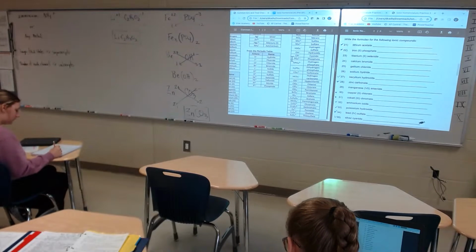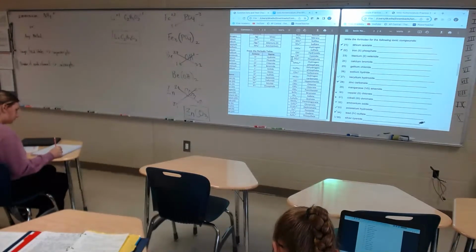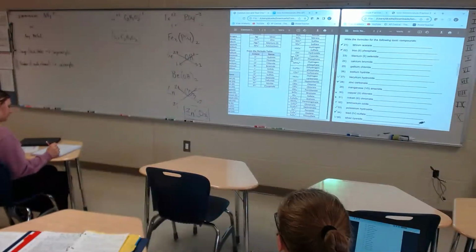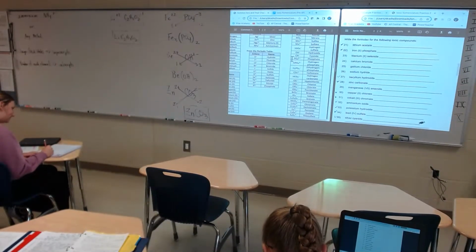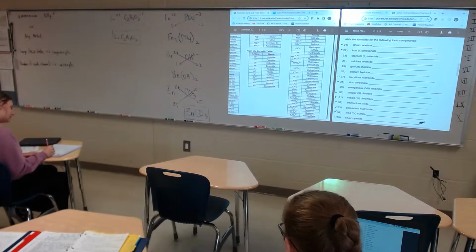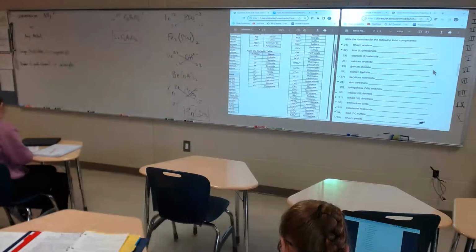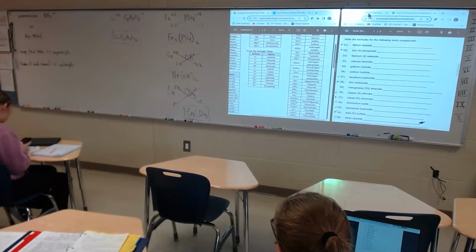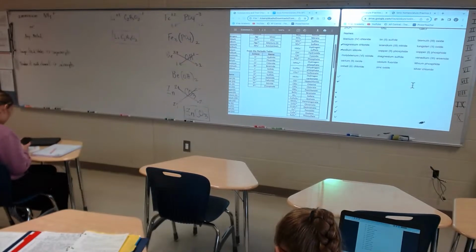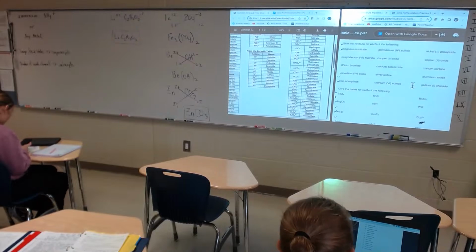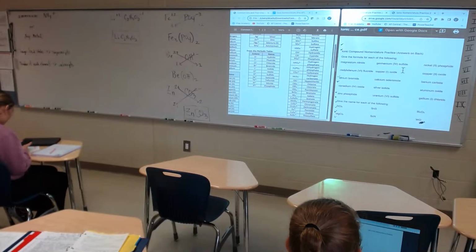Real quick, just look here at these two handouts. What you need to do tonight, on top of the quiz Friday on the polyatomics, which hopefully you've already started working on, is work on this too, or you're just going to get more and more behind. These two handouts have the answers at the bottom. So please finish the rest of these names to formulas.